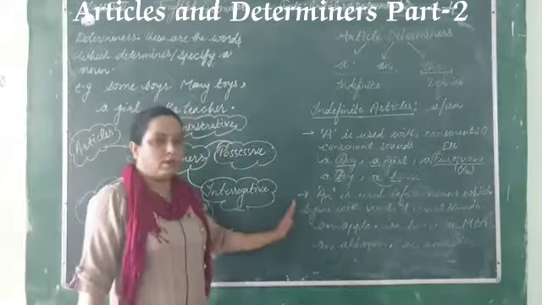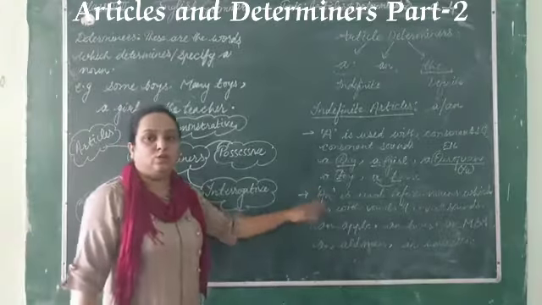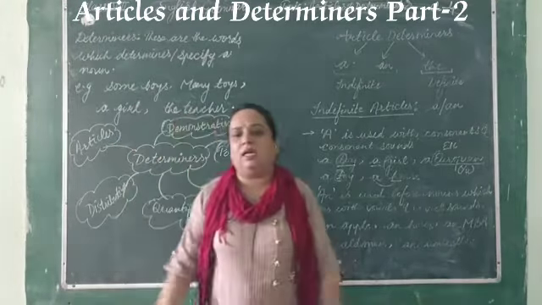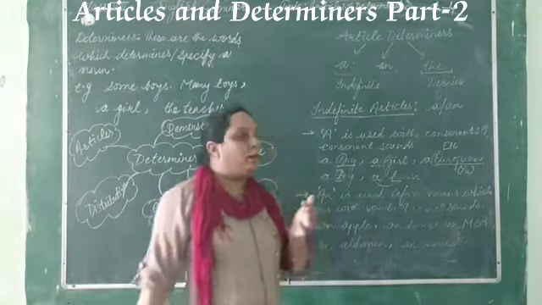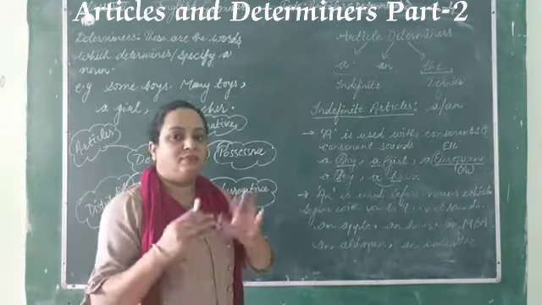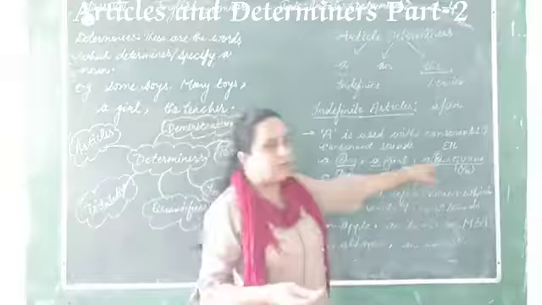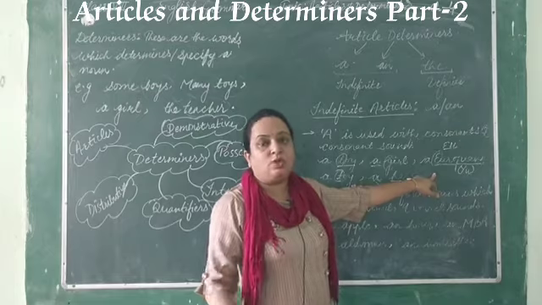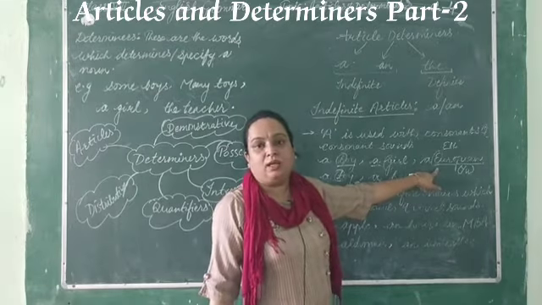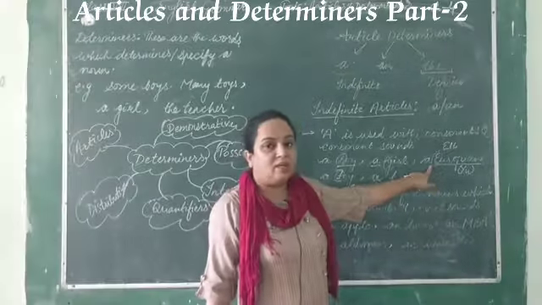Next topic is the use of an. Generally an is used with vowels only. Clear? But sometimes it is different also, like we have read here that E is a vowel, so basically it should be an, right? But what have I written here?